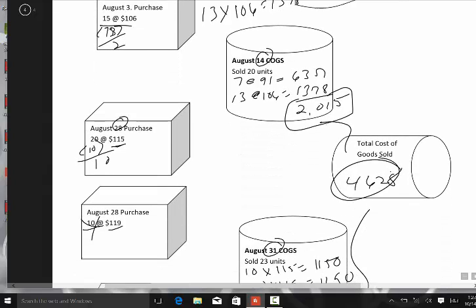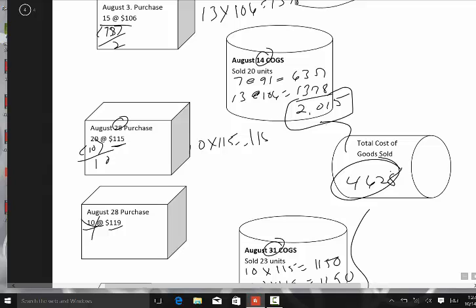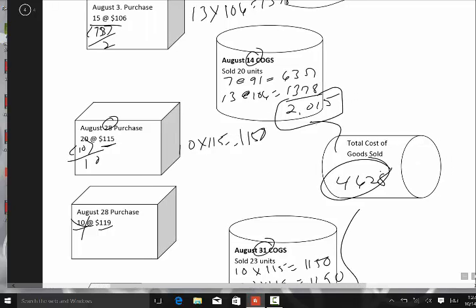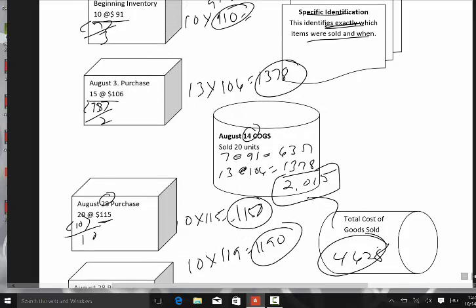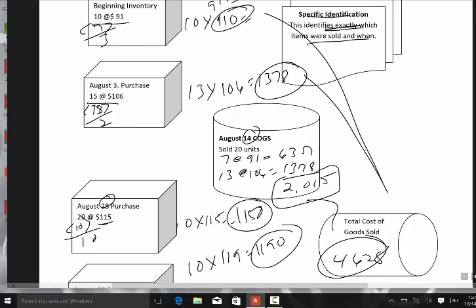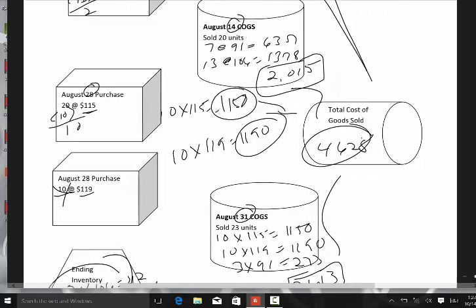And then I sold 10 from this purchase that cost me $115, because I had 10 left in inventory, so that means I sold 10. And then I sold 10 from that last purchase of $119. And so if I add up these 4 numbers, I will get the same $4,628 for cost of goods sold.